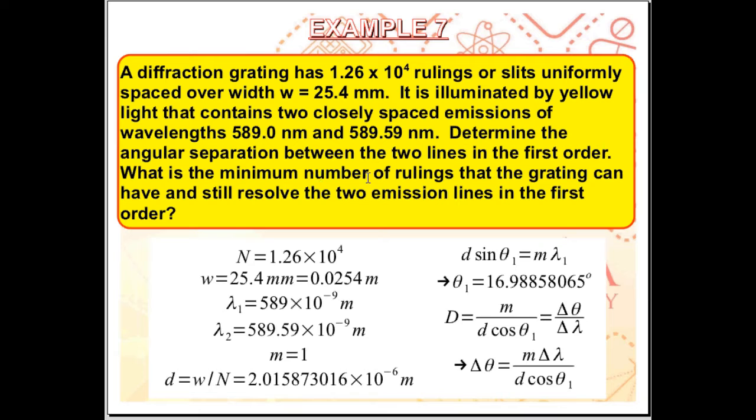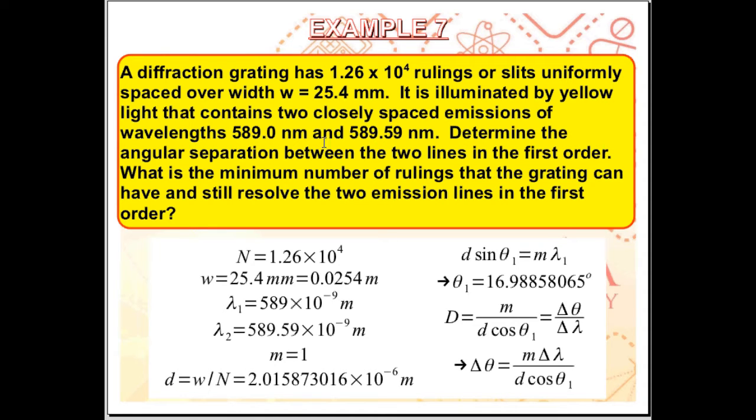What is the minimum number of rulings that the grating can have and still resolve the two emission lines in the first order? So you have the number of rulings in the grating, N, equal to 1.26 times 10 to the fourth power. The overall width of the grating is 25.4 millimeters or 0.0254 meters.